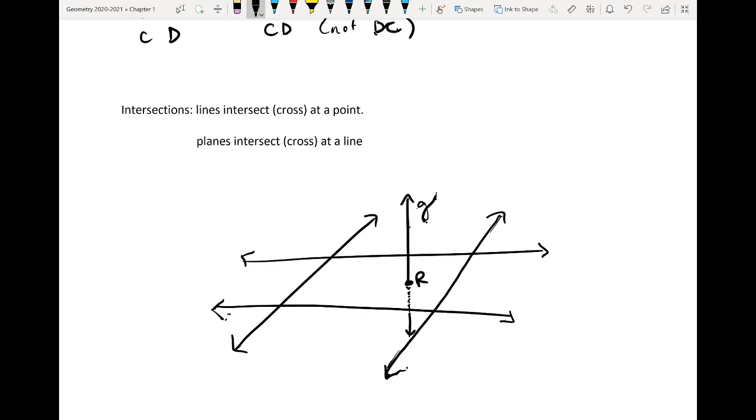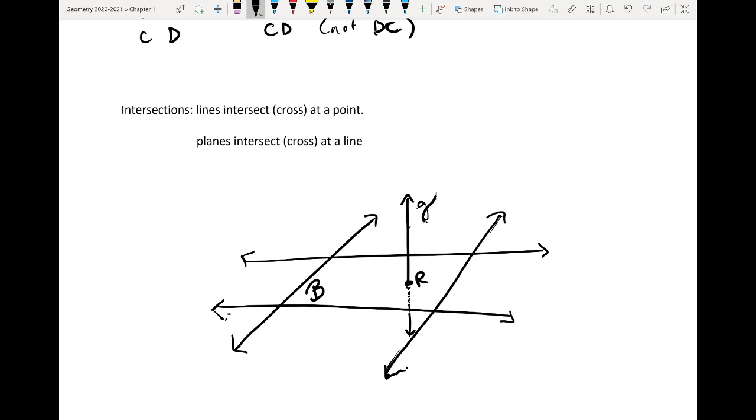And then when we define planes, one more thing with regard to notation, the last thing for today, is that I can use an uppercase cursive letter. So we use uppercase print letters to make points. We can use that for notation to make lines, or you can use a lowercase cursive letter for a line. And then an uppercase cursive letter is what we use to define a plane.